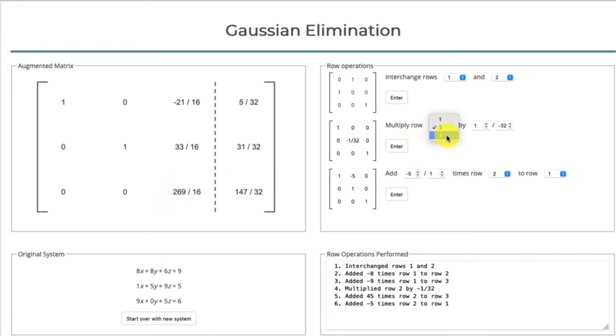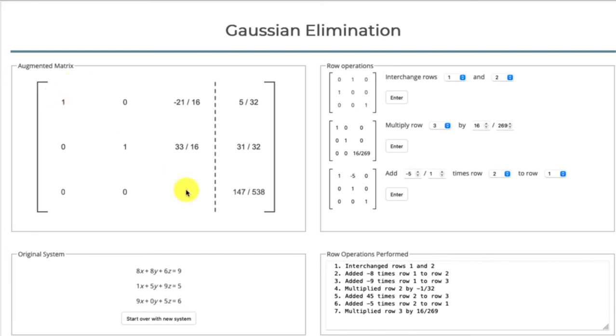Multiply row 3 by 16 over 269. Just hold it down and it goes faster. That's what it looks like. If I multiply that down there, I'll get my answer.